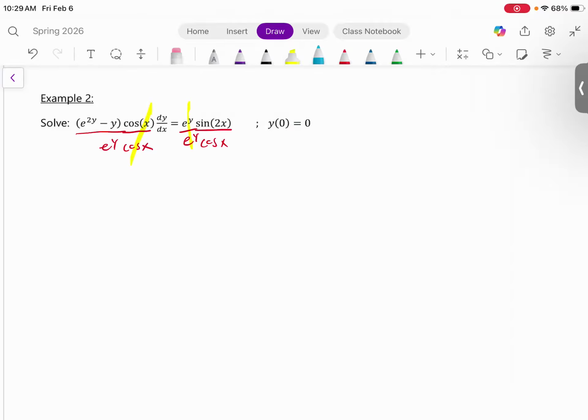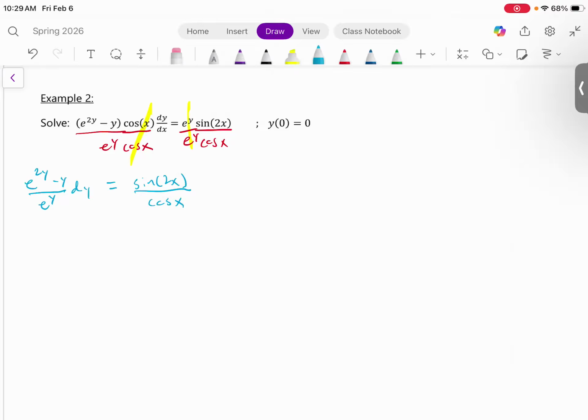And so what I'm left with is essentially e to the 2y minus y over e to the y dy equals sine of 2x over cosine x. Okay, so still a bit messy.